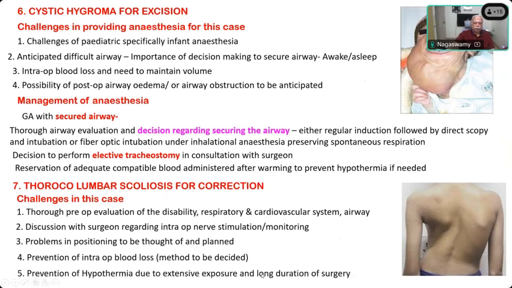And prevention of hypothermia, because of the extensive exposure and long duration of surgery. So what are all the things that you have to take care of to prevent hypothermia? Routine questions. Sir, by covering the patient adequately. Always start from the ambient temperature. Yes, that is the main culprit. If you keep the temperature of the OT very cold, like 16 or 14, some surgeons who sweat a lot want the OT temperature to be between 14 and 16.